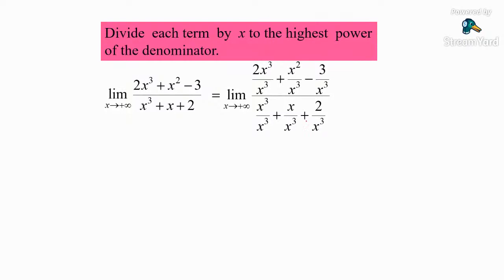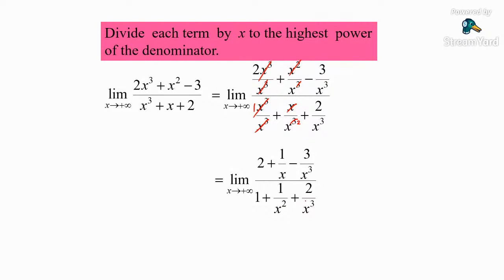Simplify them first, before you take the limit. 2x cubed over x cubed cancels out, so we get 2. x squared over x cubed cancels to give 1 over x. 3 over x cubed stays as it is. In the denominator, x cubed over x cubed is 1, x over x cubed is 1 over x squared, and then 2 over x cubed. So we got (2 plus 1 over x minus 3 over x cubed) over (1 plus 1 over x squared plus 2 over x cubed).